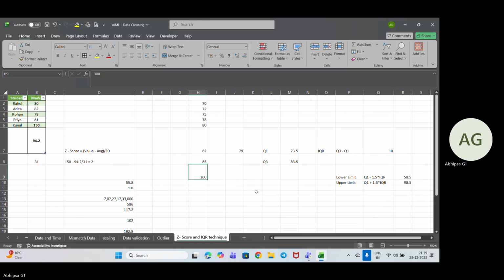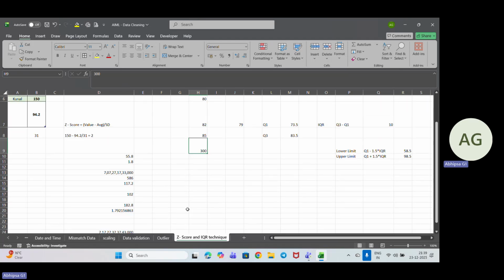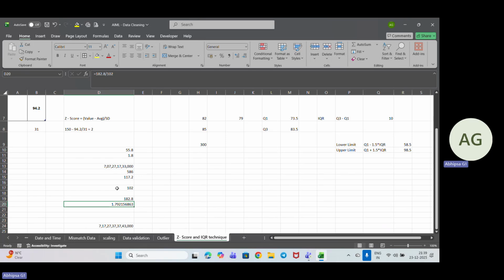Now, if we have skewed data, then of course we will be using IQR. Why? Because IQR works well with skewed data, but the Z score doesn't work well here. If you can see why we are getting this result, we have taken 70, 72, 71, 73.